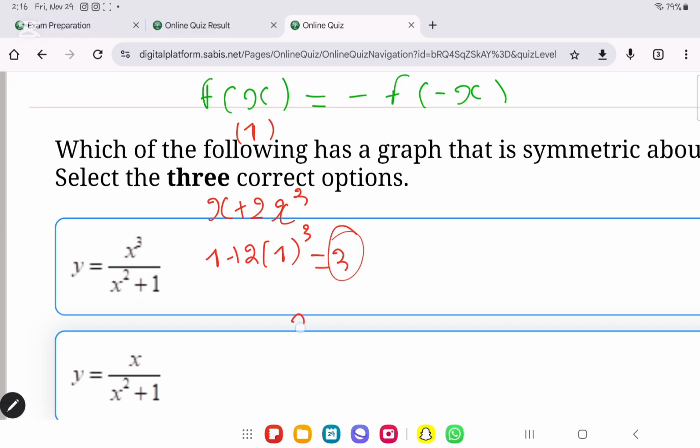Now, this 3 has to be equal to minus f(minus x), meaning minus, now instead of x being 1, we're going to put it as negative 1.